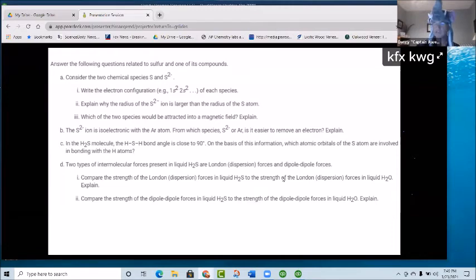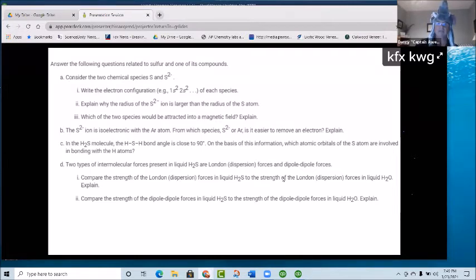The more electrons you have, the greater the chance that they're going to become unevenly distributed, and that's called more polarizable. So H2S has more electrons than H2O, and thus it's more polarizable, and thus the H2S London dispersion forces are stronger than the London dispersion forces in water.